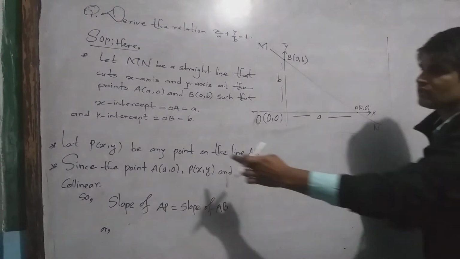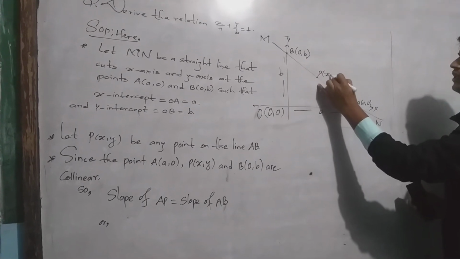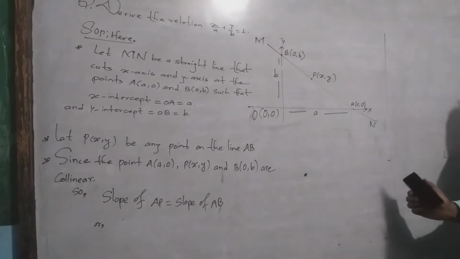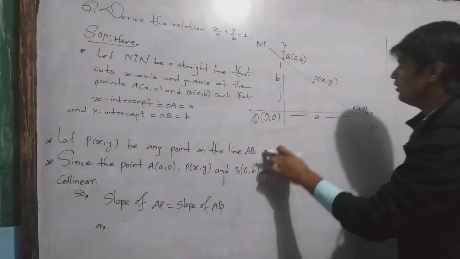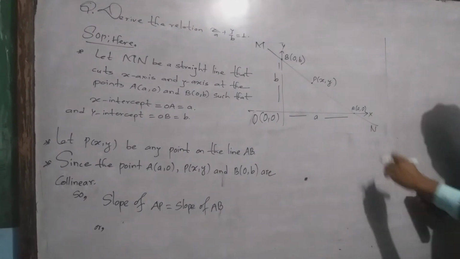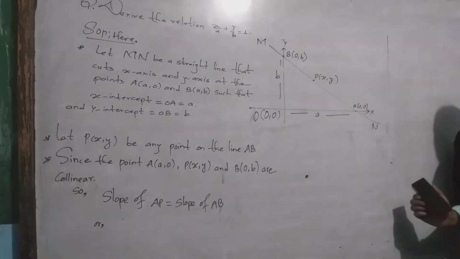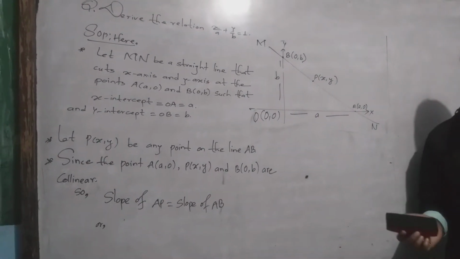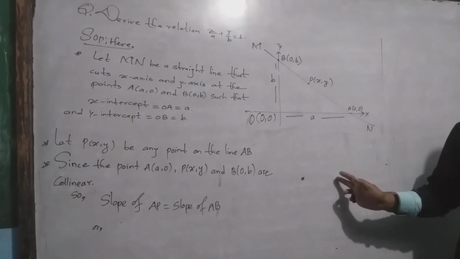Now let us consider P(x, y) to be any point on the line AB. P(x, y) can be anywhere on this line AB, no problem. Now when this point P is on the line AB, look carefully: A, P and B are on the same straight line, so these points are collinear.